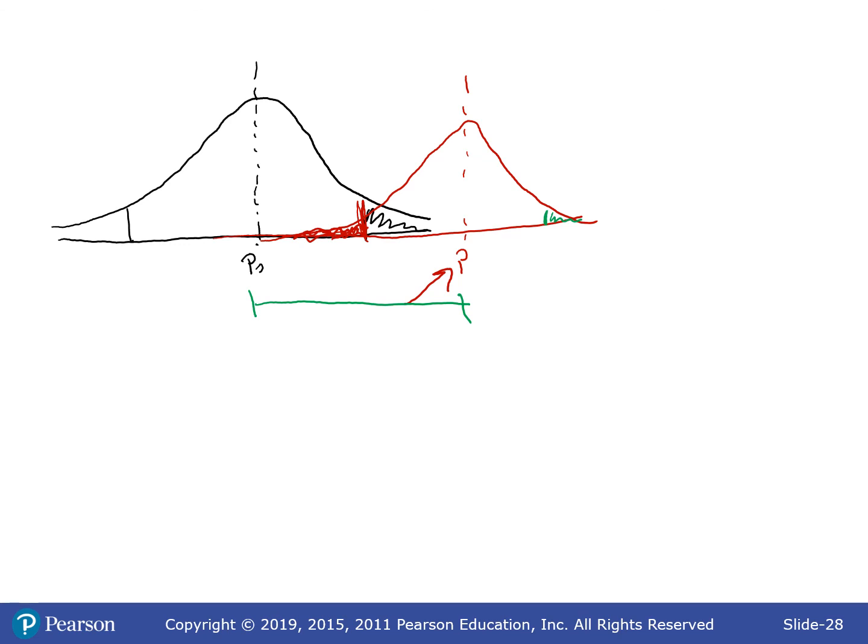So the further away these two p naught and p get, the smaller the overlap is. The less variability we have, the tighter the normal curves get, the steeper they get, the less overlap we have. So anything that reduces the overlap between those two will reduce the probability of a type 2 error, which increases the power.